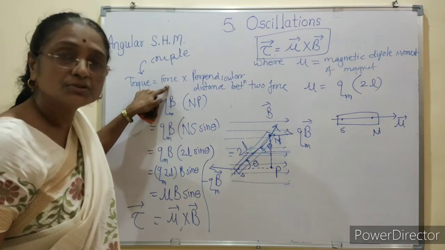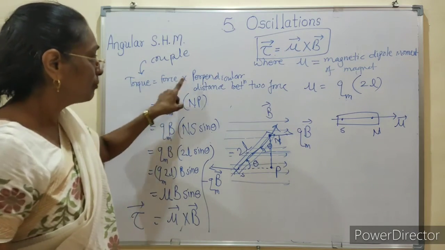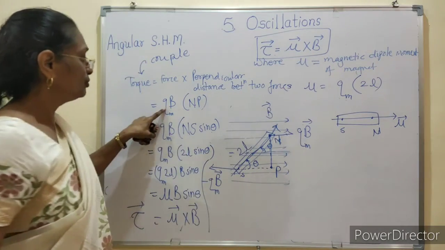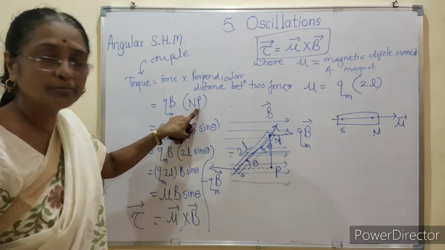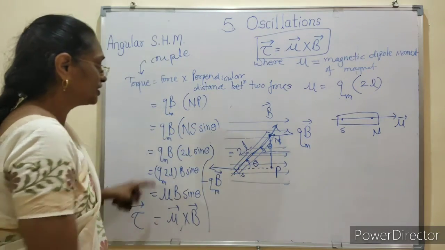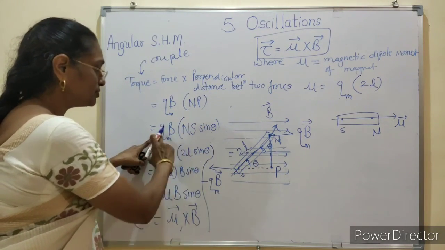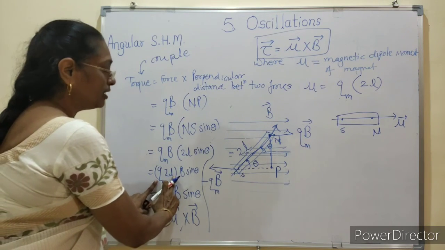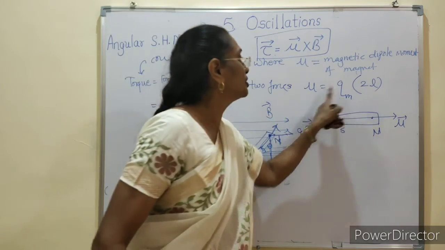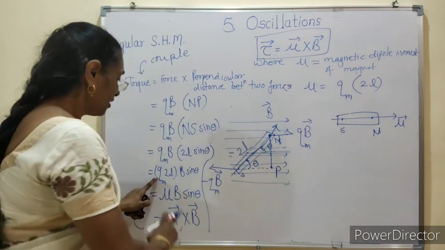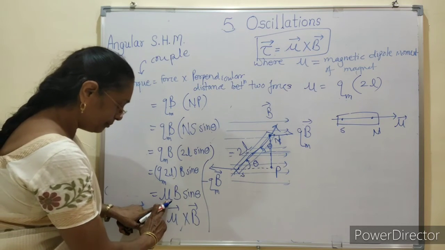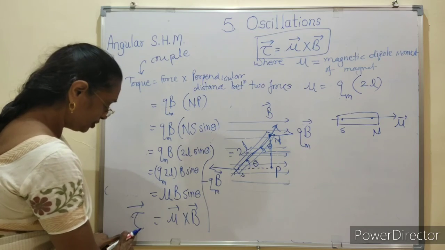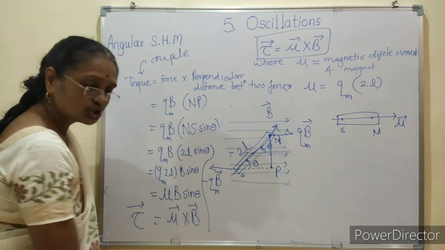It is defined as the product of force and perpendicular distance between two forces, QmB into NP. NP can be NS sin theta. Adjusting Qm into twice L in a separate bracket, we have the definition of magnetic dipole moment. Then it is denoted by mu B sin theta. Mu is a vector quantity and this vector tau is equal to mu cross B.